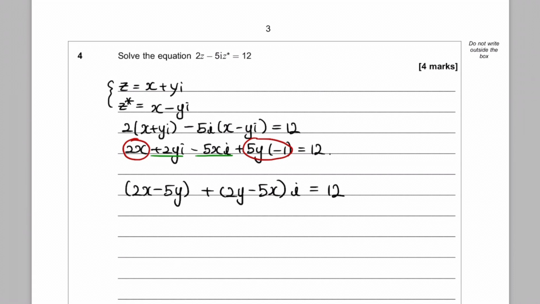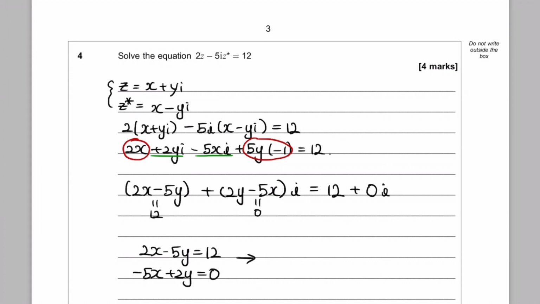So that means that imaginary part has gone. So this is 0i. So we have two equations here. This part should equal 12 and the imaginary part should be equal to 0. So 2x minus 5y is 12, minus 5x plus 2y is equal to 0.